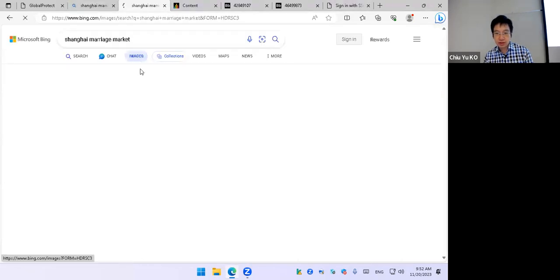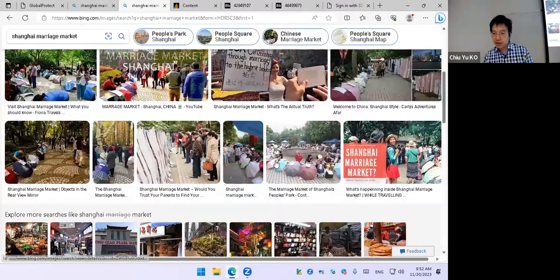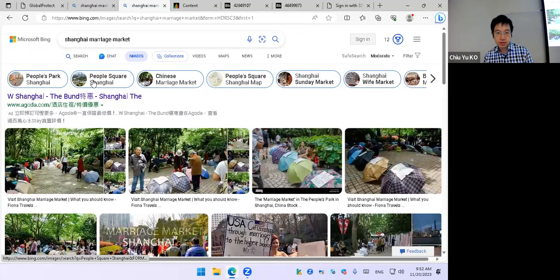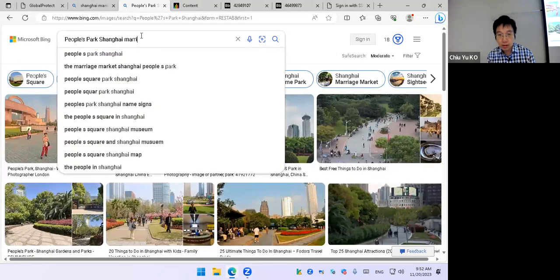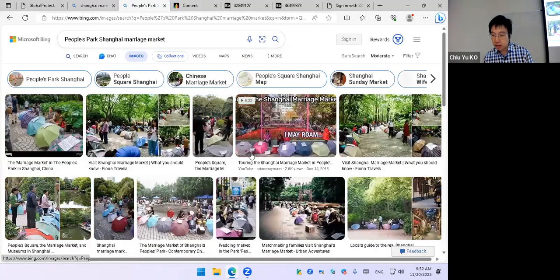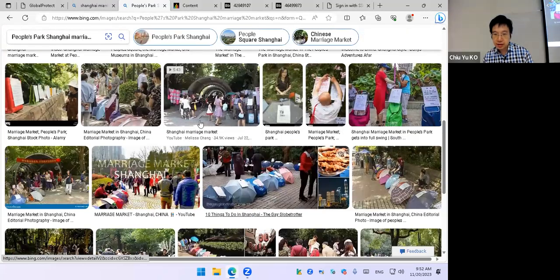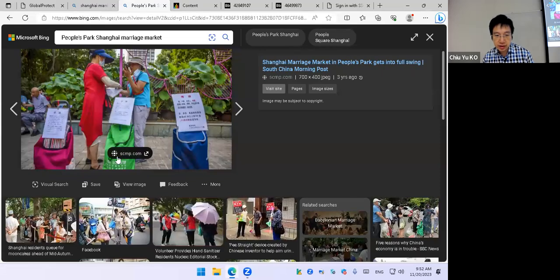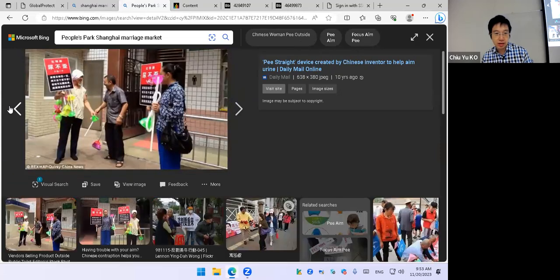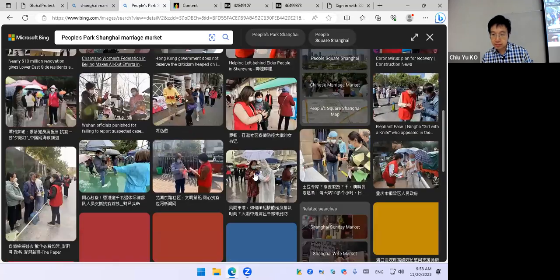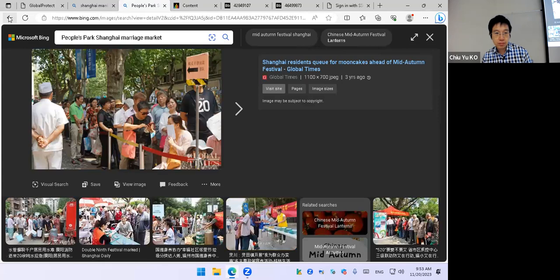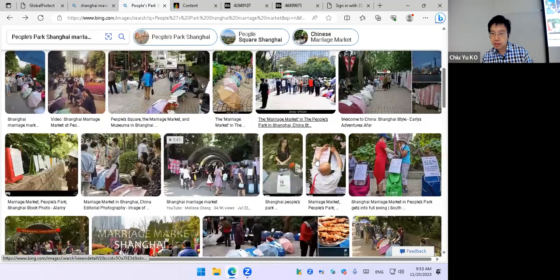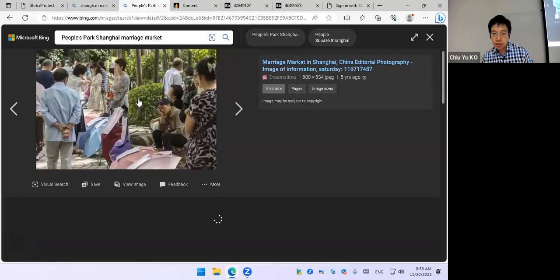You can see the Shanghai marriage market. Why did I mention that?